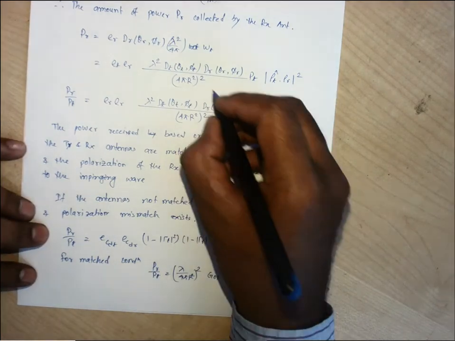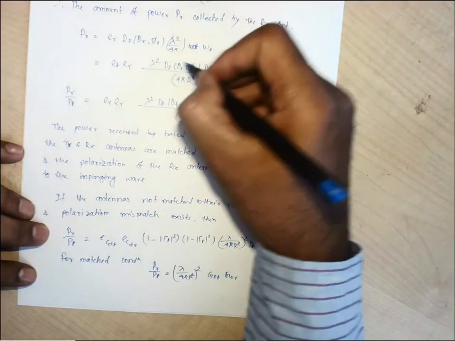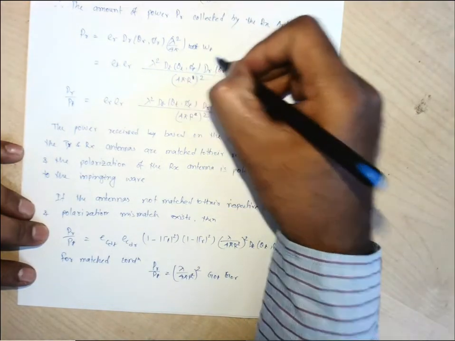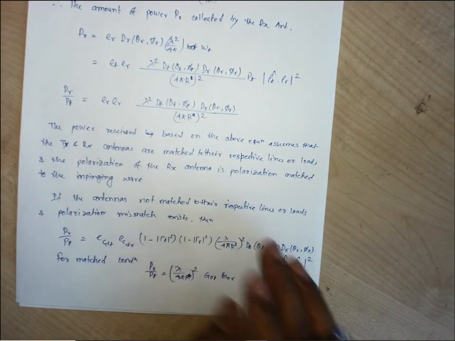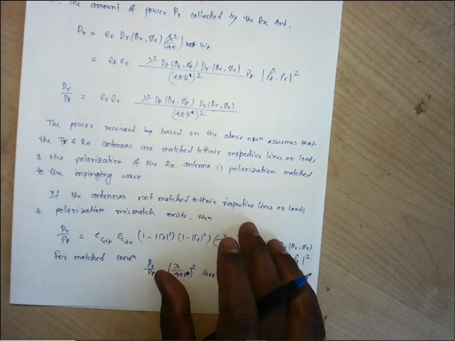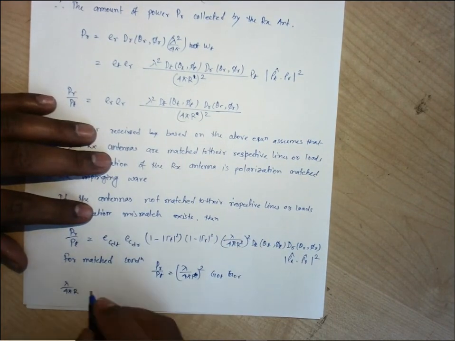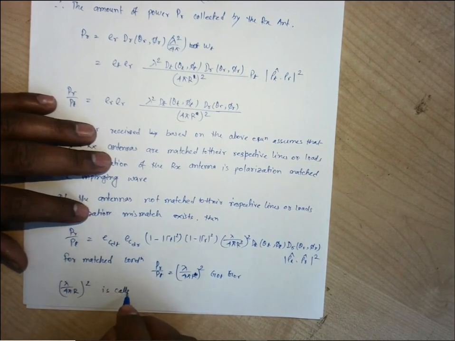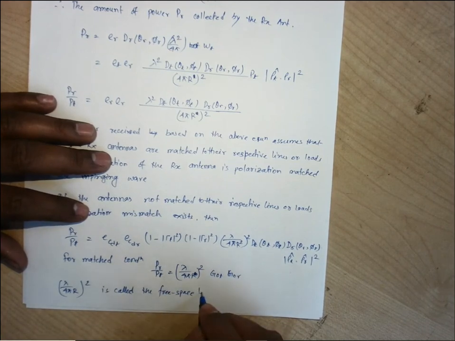This is 4πR only, not squared; the whole thing is squared. So this term (λ/4πR)² is called the free space loss factor.